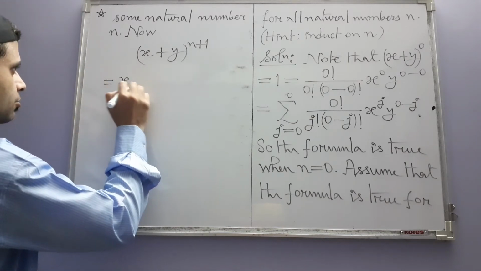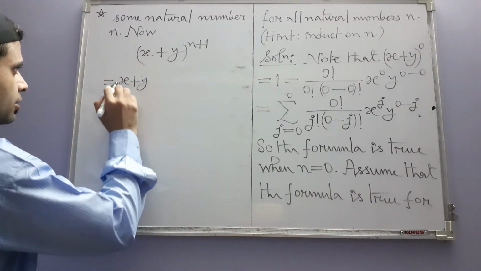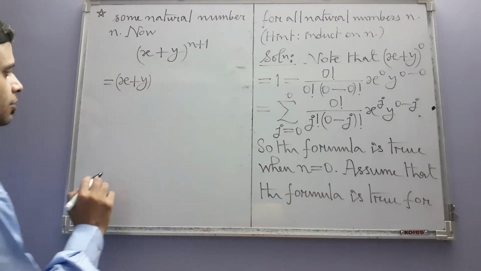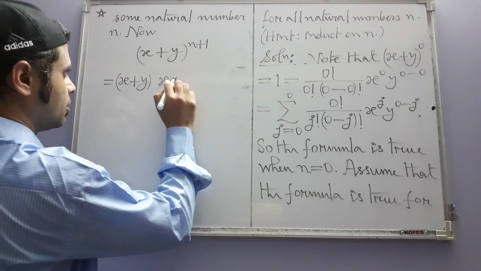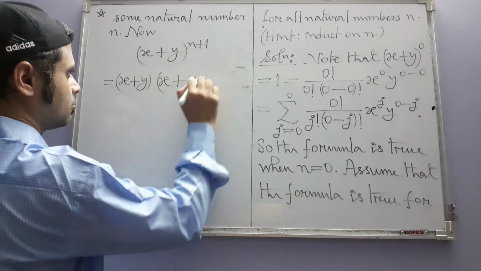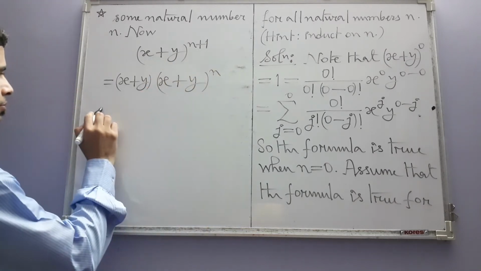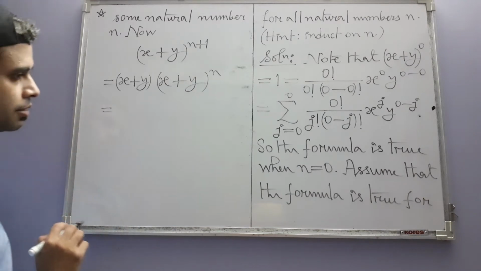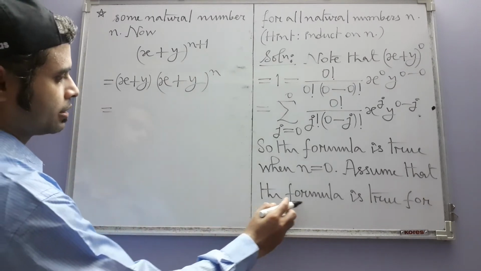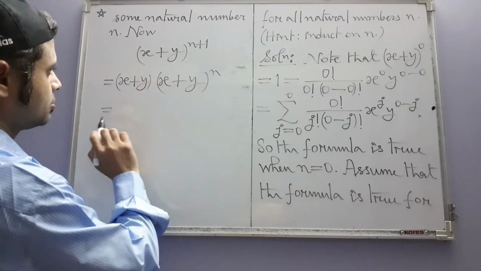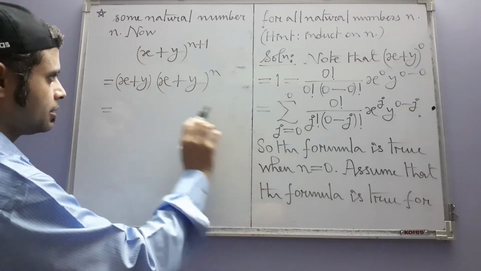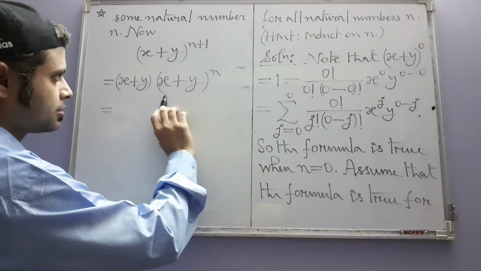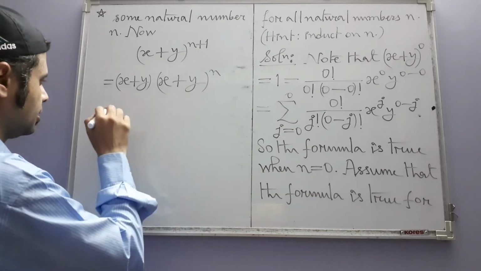By one of the rules of exponents, or in fact by the very definition of real exponentiation, this equals this. Now in the next step, our induction hypothesis that the formula is true for some n allows us to write that finite series in place of this nth power of x plus y.